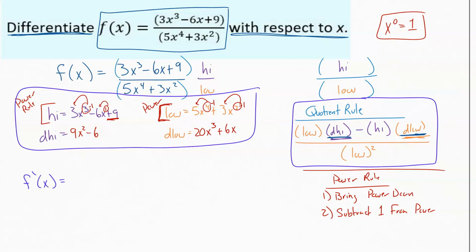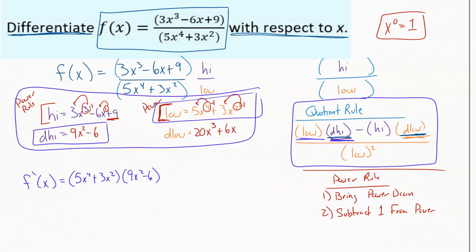So the recipe says, first go grab the low piece. So I go grab the low piece: 5x to the fourth plus 3x squared. Then we need to multiply that by the d high, the derivative of the top. That's going to give me 9x squared minus 6. Then we get a minus from our recipe, and then it says go grab the high piece.